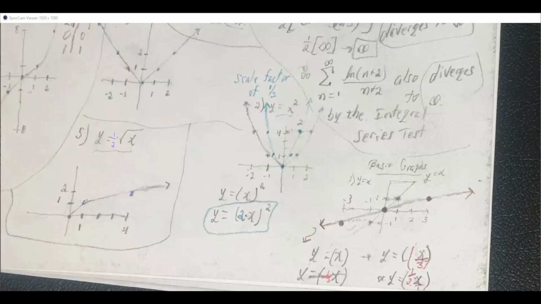The distance that these points are away from the x-axis is going to change by a factor of this. And so what does that mean? What is this distance right here again, Megan? 1. Good. 1 unit, and now it's going to change. And this was how many units away from the x-axis? 2.